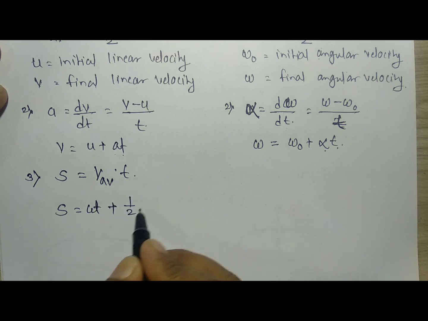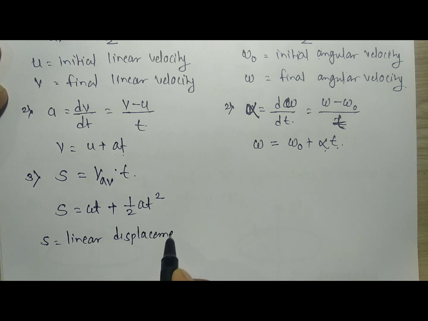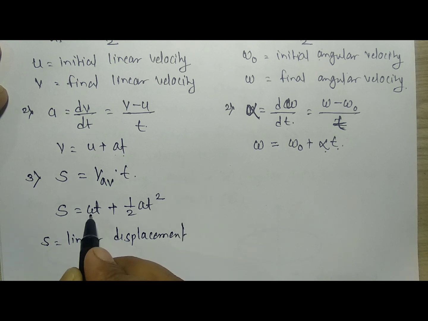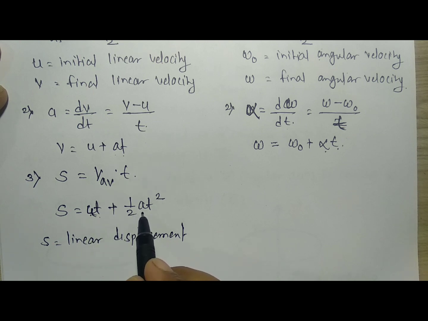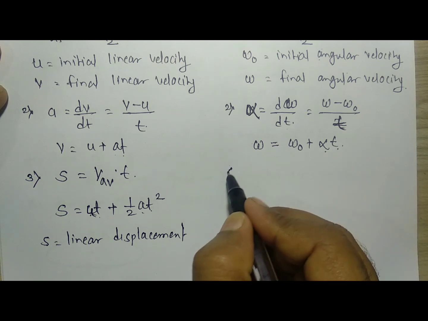S is the linear displacement, S is equal to average linear velocity into time. The average linear velocity is (u + v) divided by 2; putting this inside the equation, and taking the value of t from the earlier equation, you will get S = ut + 1/2 at square. Here S is the linear displacement, u is the initial linear velocity, a is the linear acceleration and t is the time.